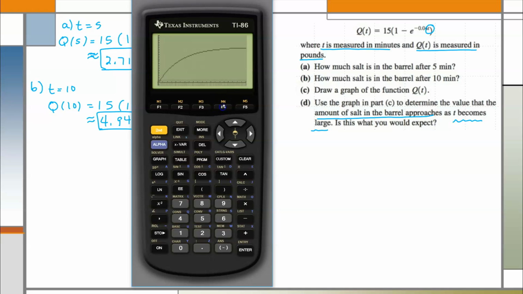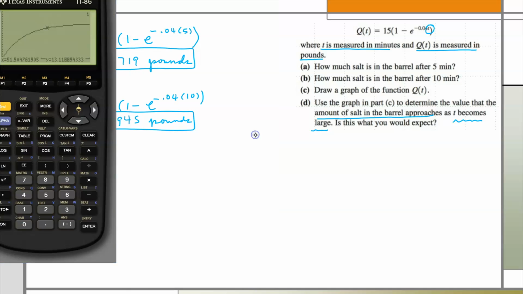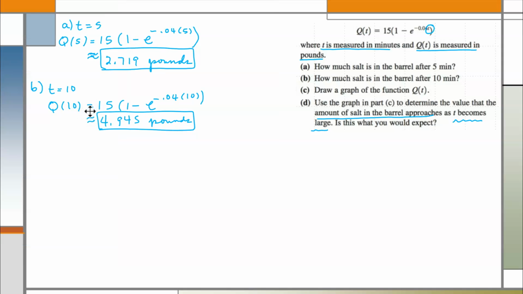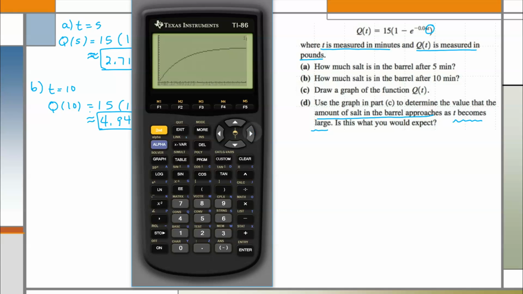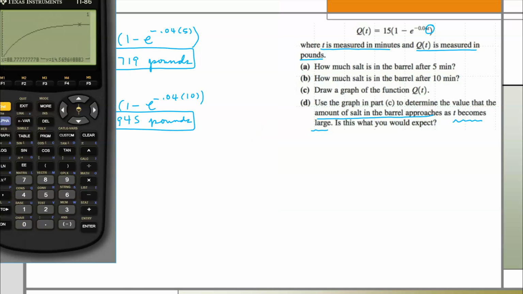Okay, I'm going to hit trace, and after 49 minutes, we're at about 13 pounds of salt. If we let t get larger and larger, we're at almost 14. I'll let it keep going. 14.3, 14.4, 14.5.